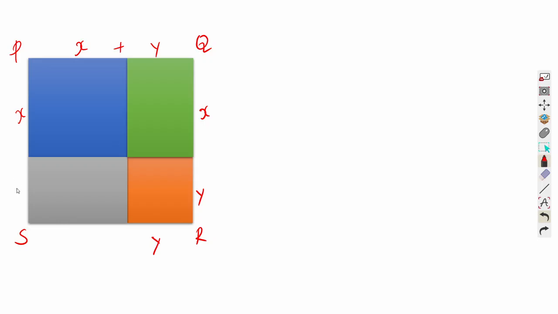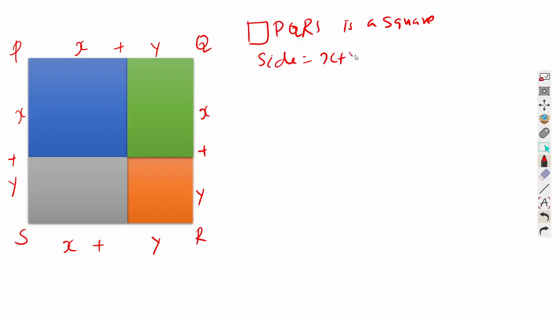So that means this side is y and this side is x. So ultimately, this is a square having side equal to x plus y. So PQRS is a square, first condition. Second, its side is equal to x plus y. This much we know now.